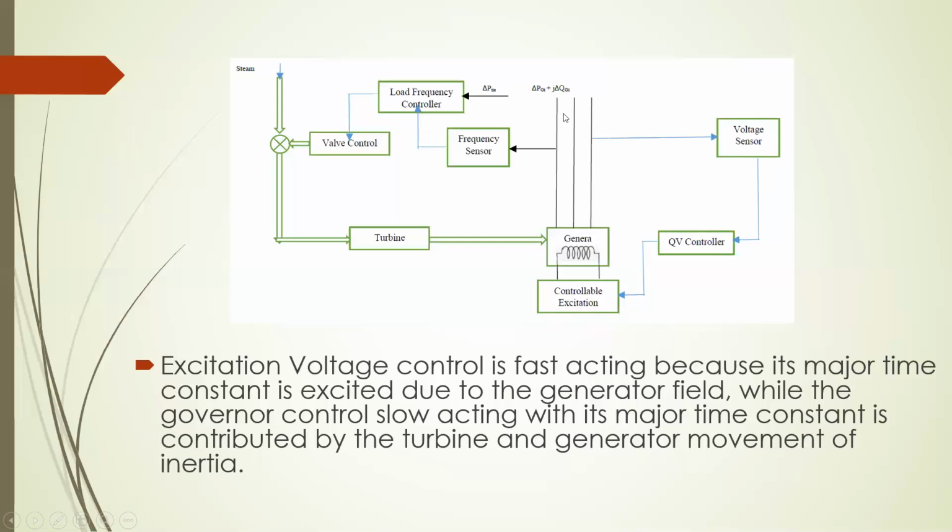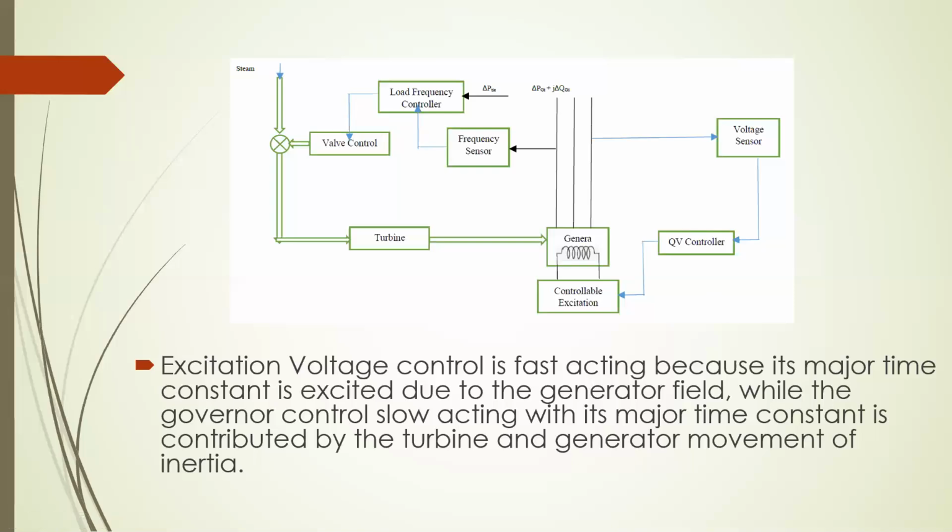Now due to the increment of demand or a voltage drop in a particular line, the voltage value is measured as 405. That means 10 volts of difference is present in this particular line. So the voltage sensor senses the 405 volts and gives it to the reactive power controller. Here it compares the reference voltage and measured voltage.